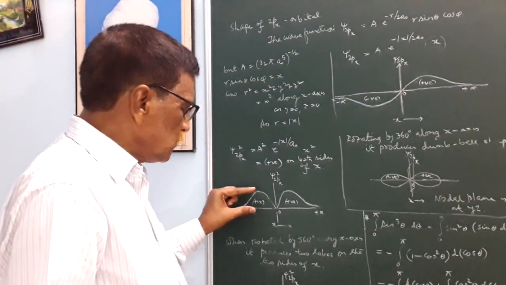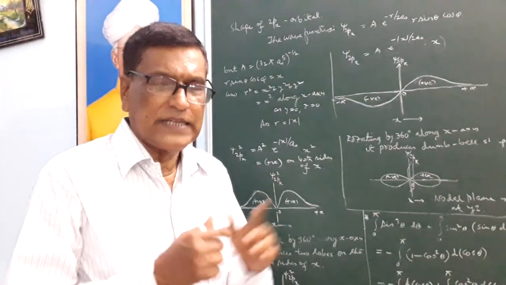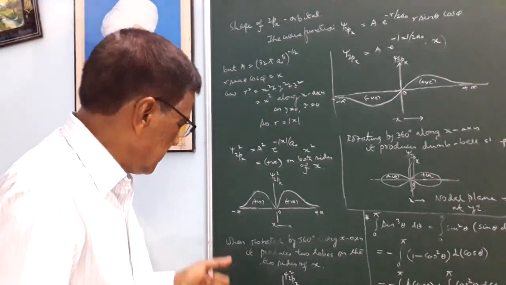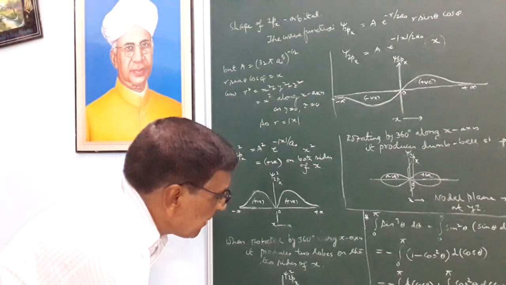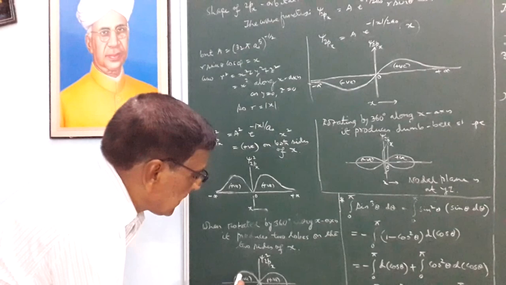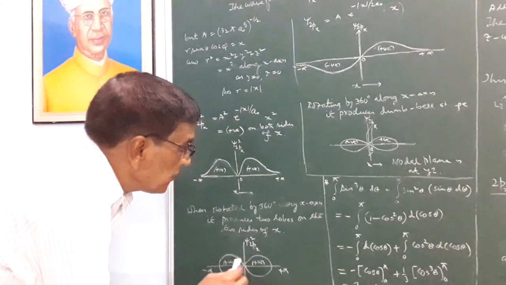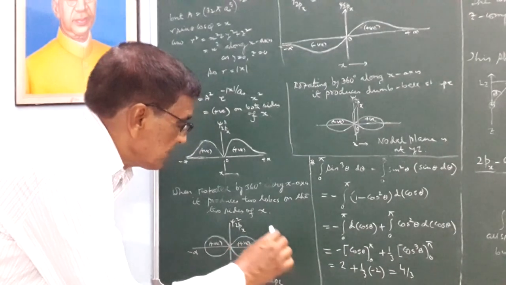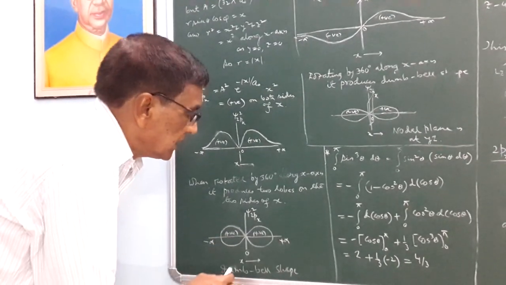So this will be the contour surface of this orbital, a dumbbell shape along the x-axis. This electron cloud density, or the probability density, is oriented along the x-axis, and the shape is a dumbbell.